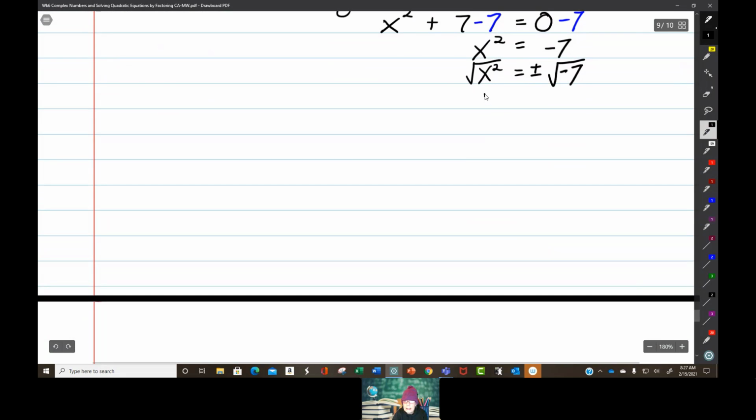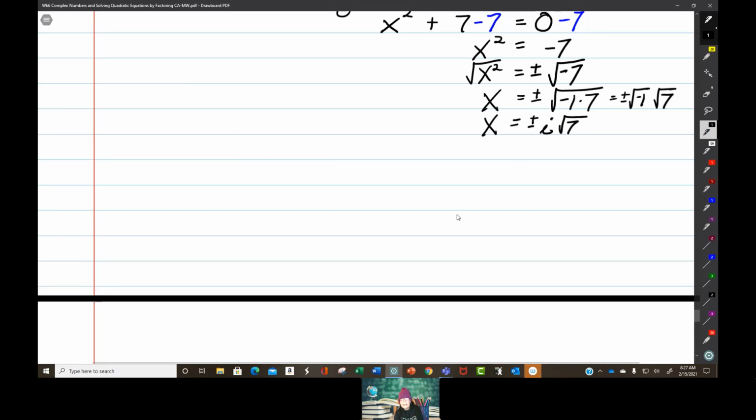The square root of x squared is x, equals plus or minus the square root of negative 1 times positive 7, which is plus or minus the square root of negative 1 times the square root of positive 7. So x is going to equal plus or minus i times the square root of 7.